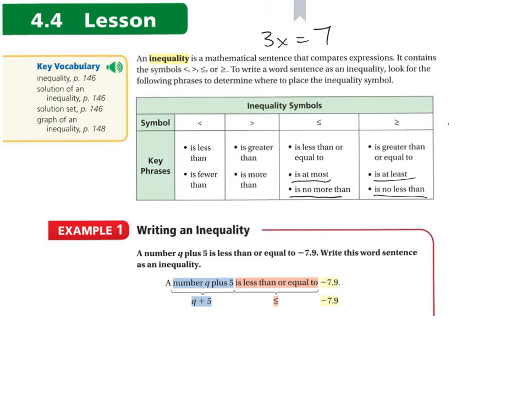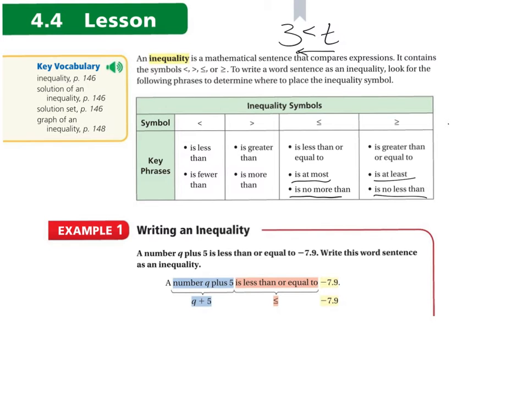Something I always try to remember to tell kids is that the x, or the variable, is not always on the same side. So if I have it like this, that is saying that t is greater than 3. So you always want to look at your variable and read it from this direction.